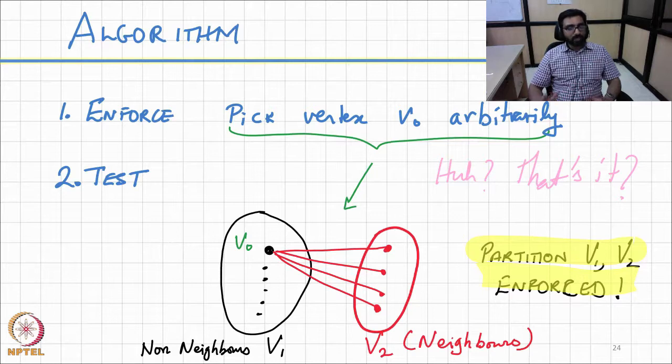And so the entire structure of the graph is enforced, and this makes it easy for us to test whether there is a violation of this enforced structure. If the graph is in fact a biclique, this is the way the structure has to exist. All neighbors of v0 must be in the set V2, and all non-neighbors of v0 must be in the set V1. So let's go ahead and test if this is in fact holding true.